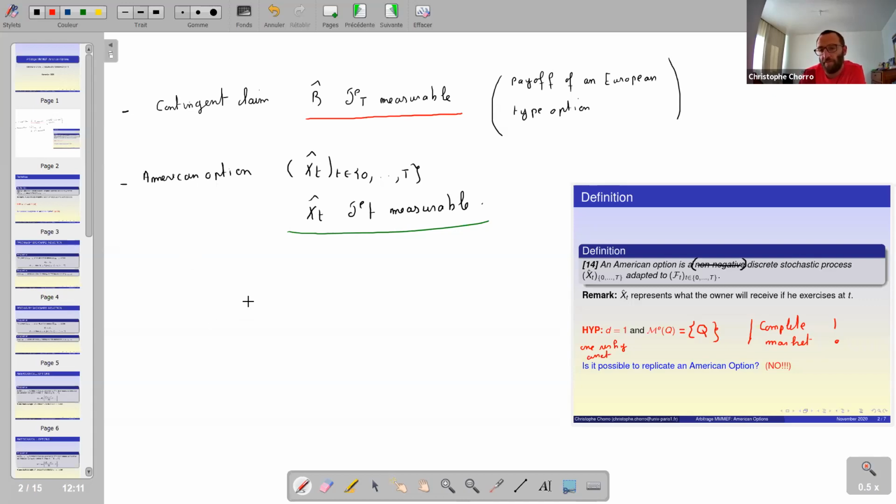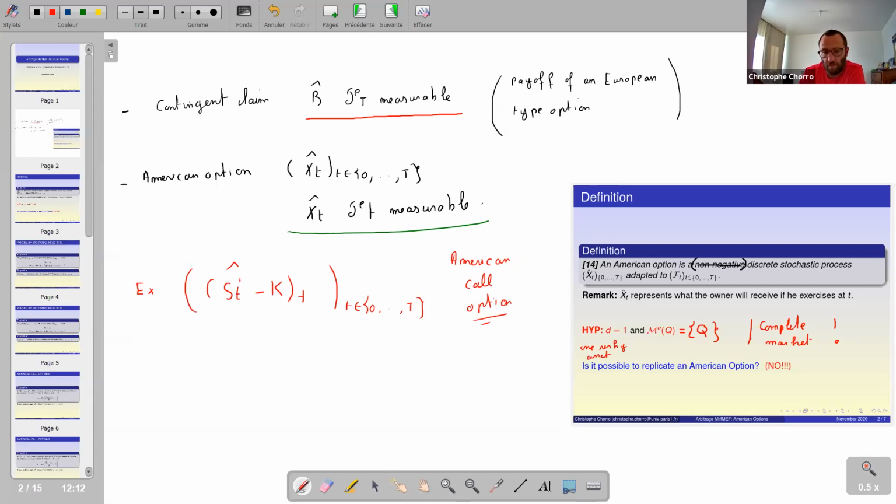So let me give you examples of such American options. It's a process. I can have, for example, this one, and you have here what we call an American call option.